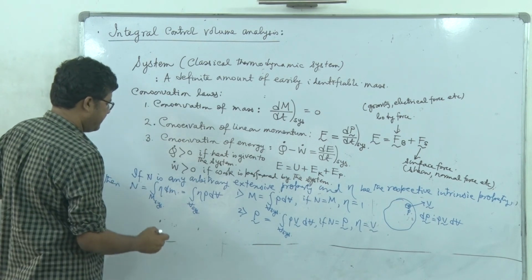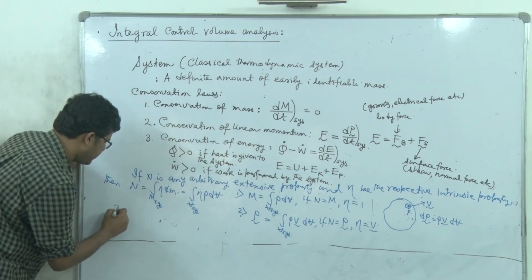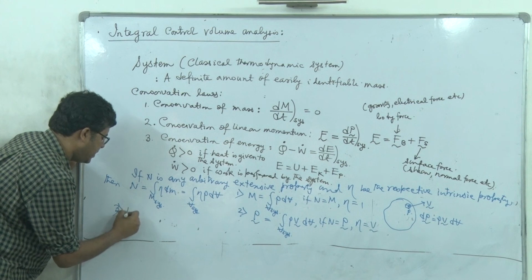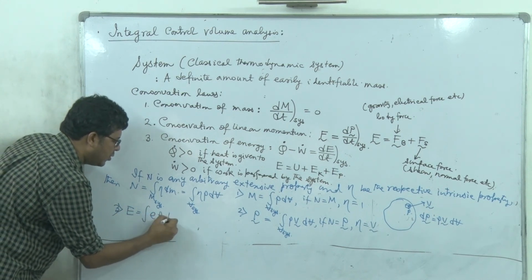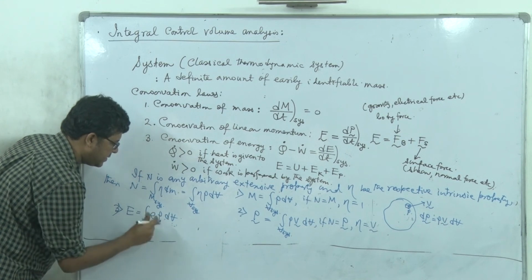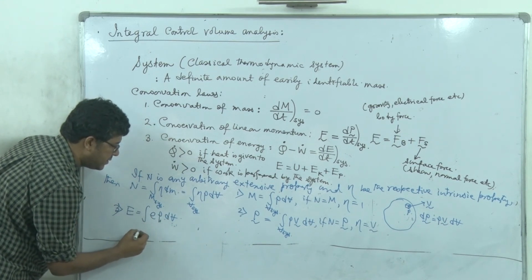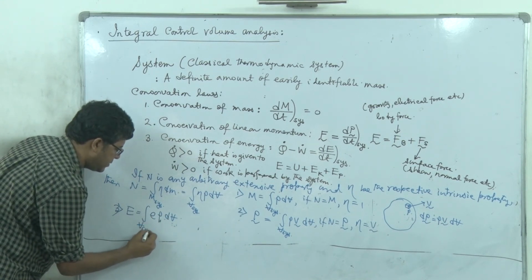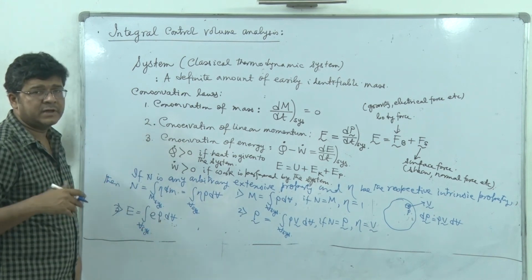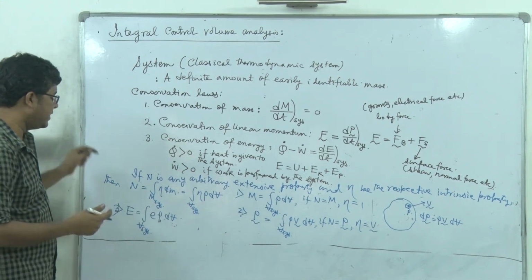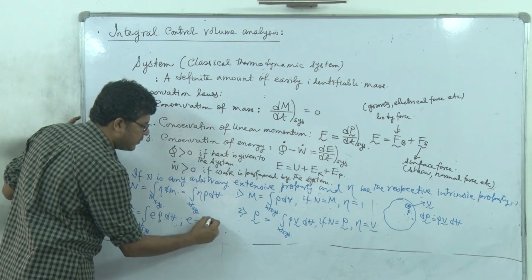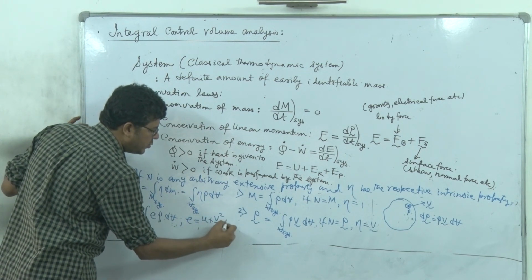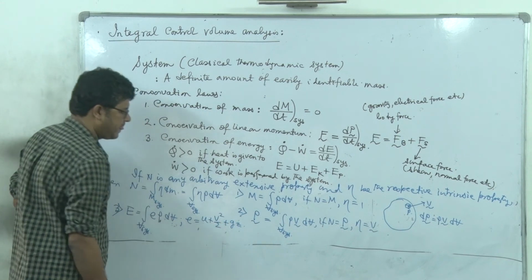And finally, E is equal to the integral of small e rho dV, right? Where small e is the total energy per unit mass. So small e is equal to small u plus v squared by 2 plus gz, right?